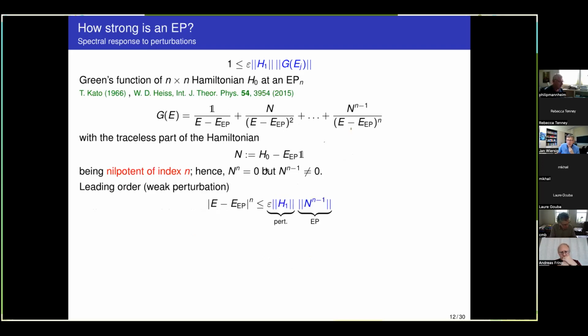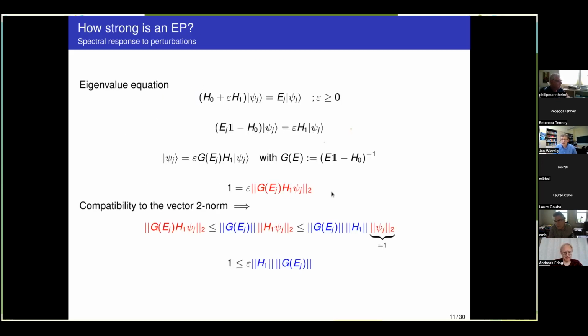This is of course a good question, because I didn't say much. Of course, I said we take the leading order term, right? But there's one subtle thing to it that I just didn't mention. If you see here, the Green's function is multiplied by a vector. The vector is h1 times the vector psi j.